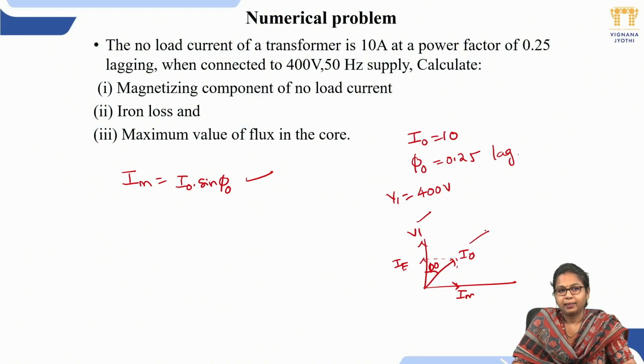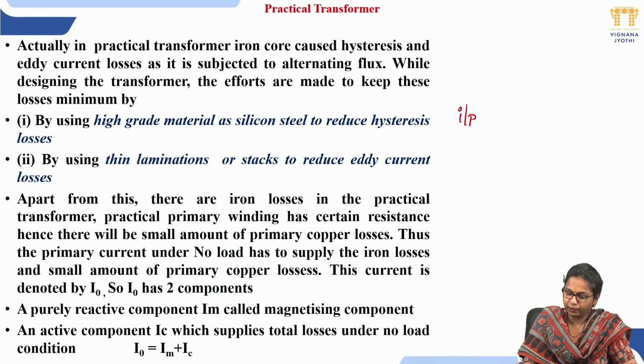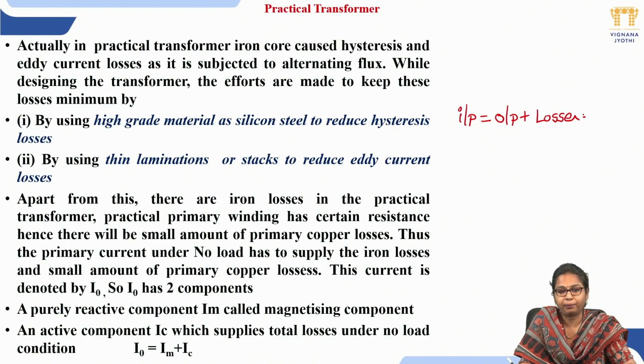As far as a practical transformer is concerned, definitely we have to talk about your losses, because we know that input will never be equal to output; input equals output plus losses. And in these losses, we have to talk about no-load losses, which are called fixed losses.